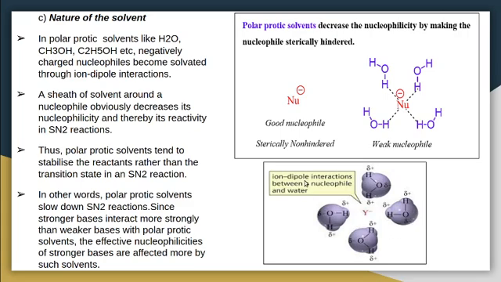So what is ion dipole interaction? It is the result of an electrostatic interaction between a charged ion, here the nucleophile, and a molecule that has a dipole. Here the solvent molecule acts as a dipole. So ion dipole interaction is the reason for the formation of a sheath of the solvent around the nucleophile.